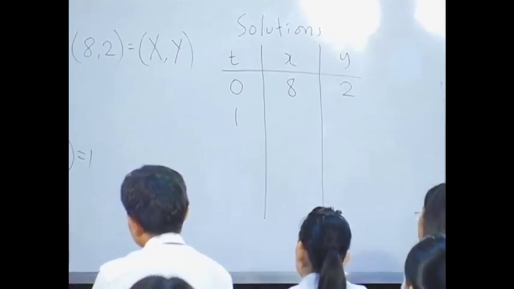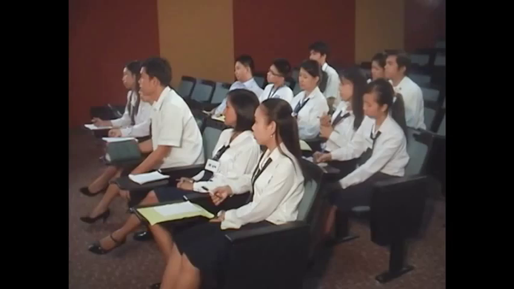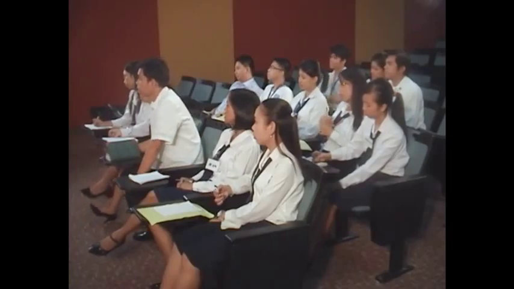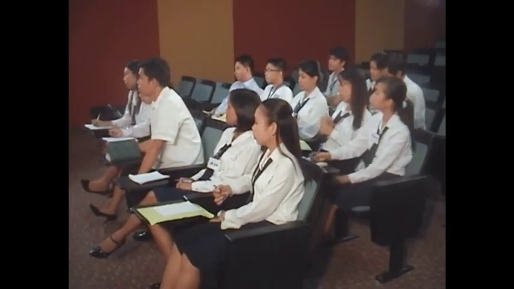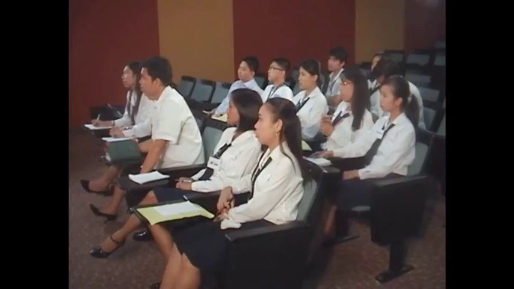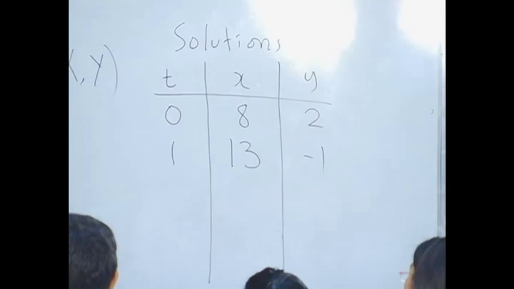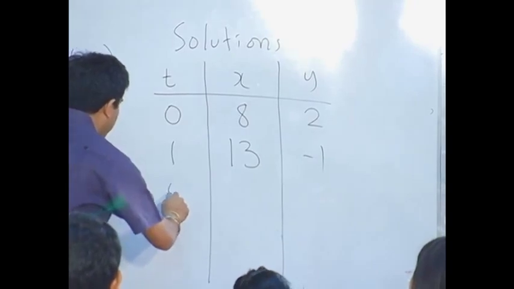Y is equal to 2 minus 3 times 1, which is negative 1. So 13 and negative 1. And you can check. 3 times 13 is 39, plus 5 times negative 1 is negative 5. 39 minus 5, and that's 34. So that's one solution. Let's look at bigger things.